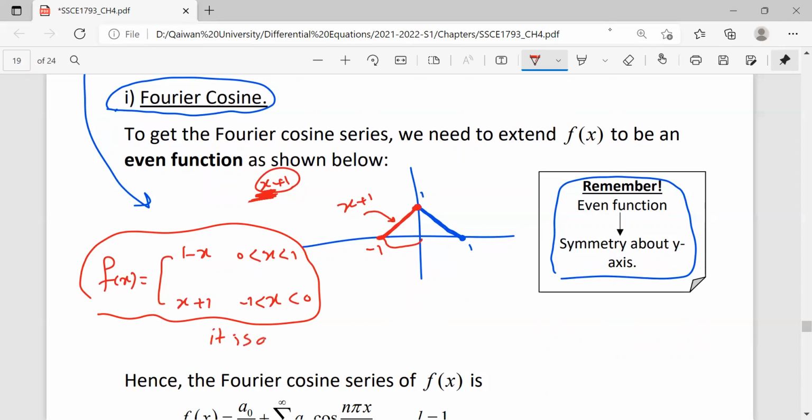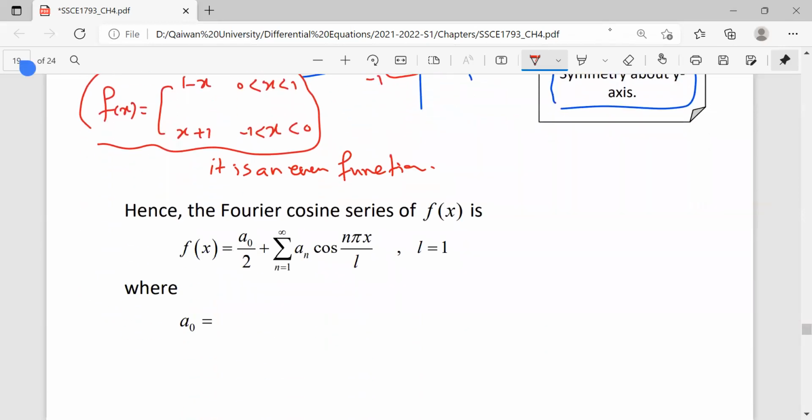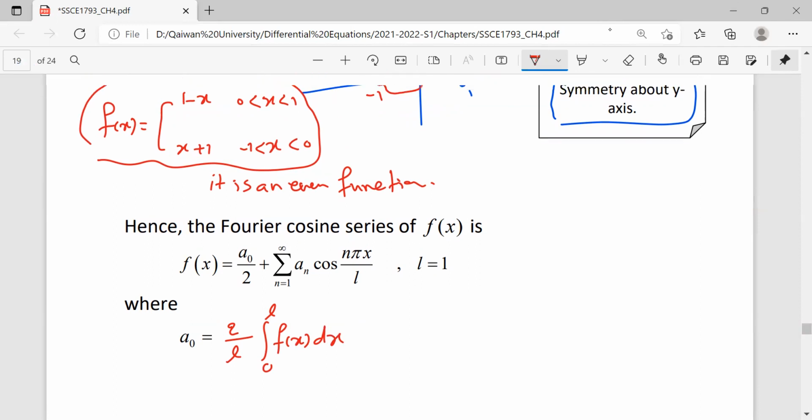For even functions, we just find a naught and a n. Here, to find a naught, a naught is 2 over L integration from 0 to L for f of x dx. From 0 to L means from 0 to 1.